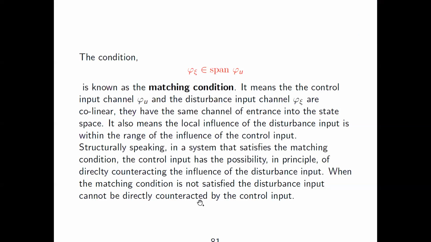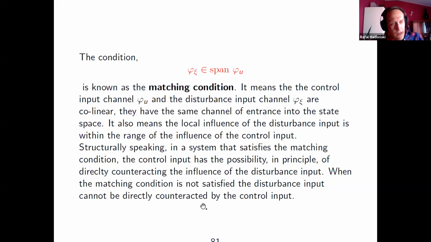Better. Okay, fantastic. I have to admit, the topic of matching and unmatched disturbances is very close to my heart because I had countless heated debates about this topic, especially in the context of ADRC. And I think there is still a misconception when it comes to this topic, because as you pointed out, this condition is strictly geometrical.